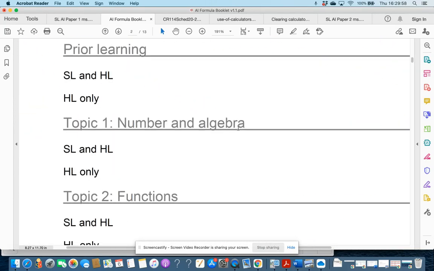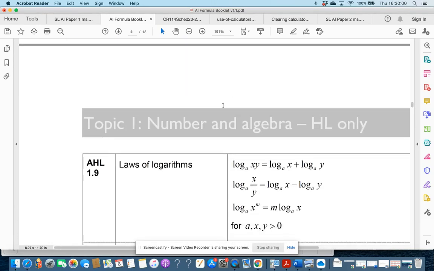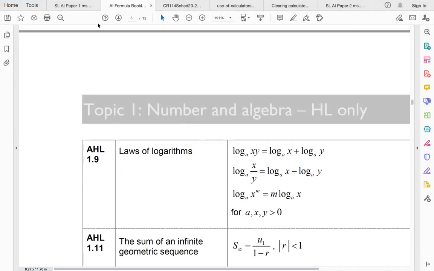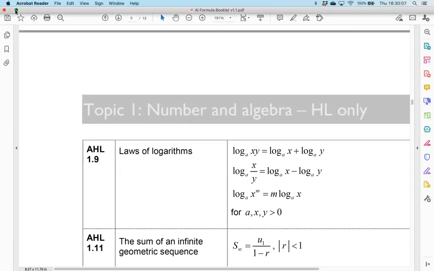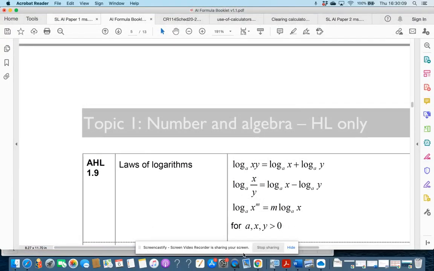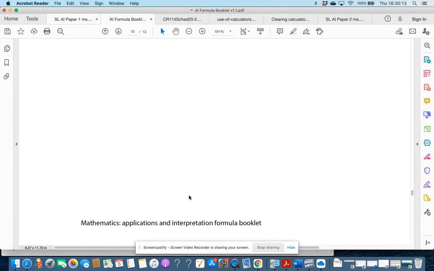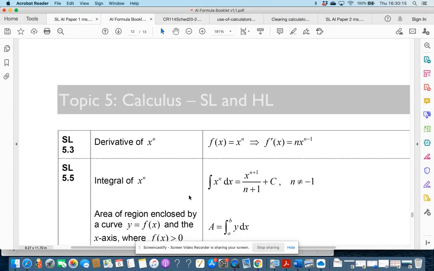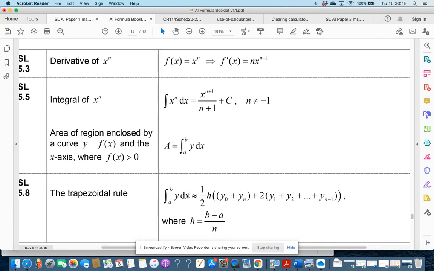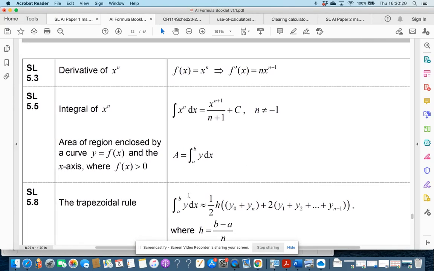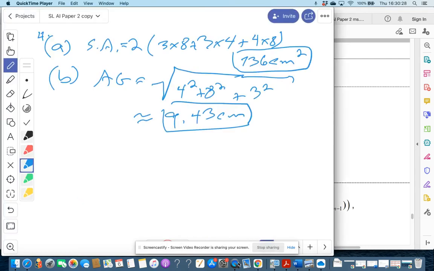The formulae are in there. And the surface area of the cuboid may not be in there. You just have to figure out that it's all rectangles. All right, so the formula booklet does have some formulae for topic 5. Okay, so we're going to be using some of this information to answer the rest of the questions here.